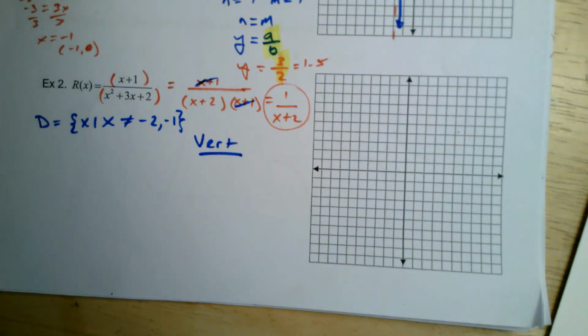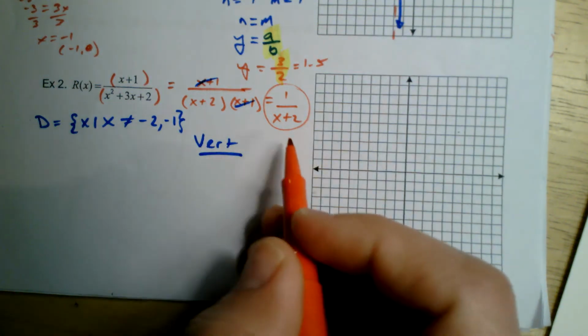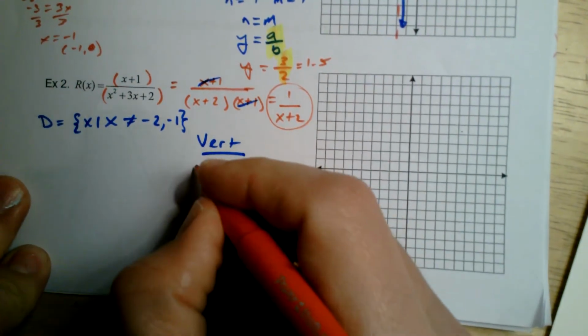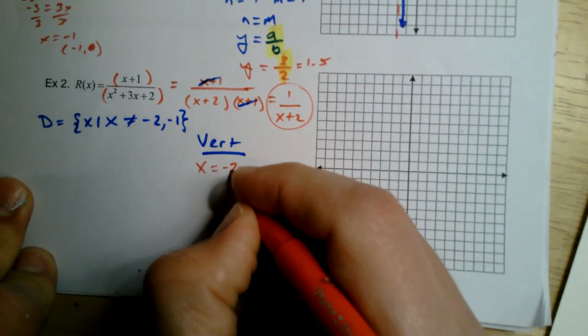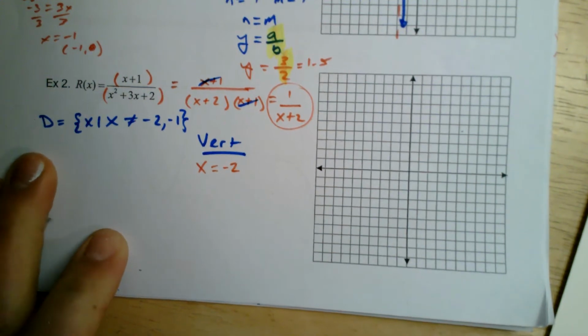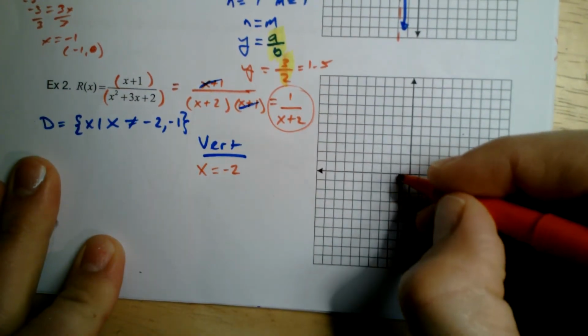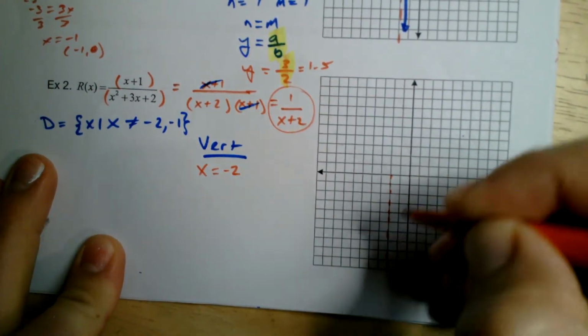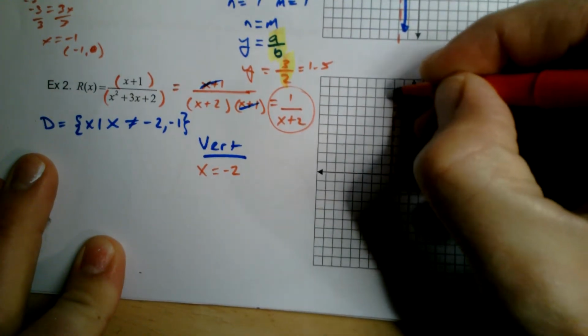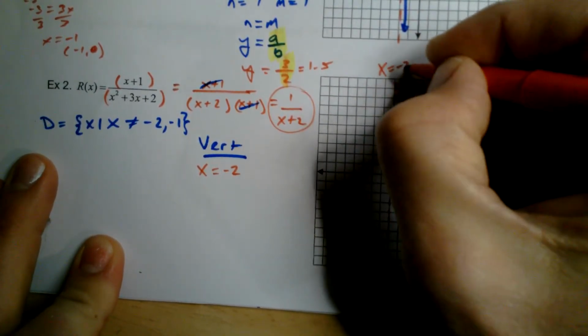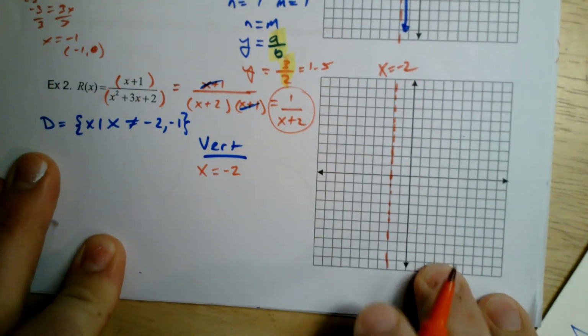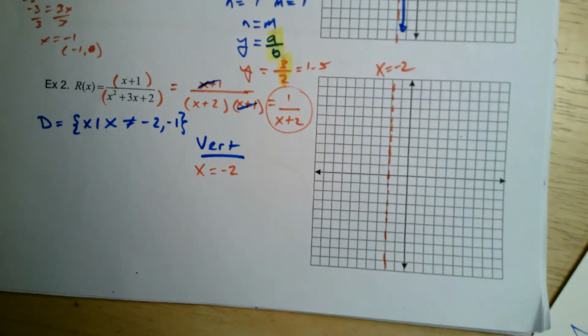Oh, sorry, I lost my pen. So again, I have a vertical asymptote at the restriction in the bottom, at x equals -2. I'm doing this by hand. Nice pretty graph here. x equals -2, I got a little vertical asymptote.